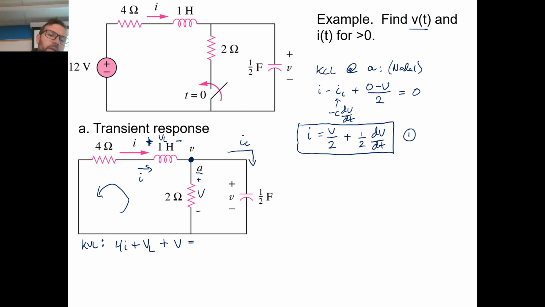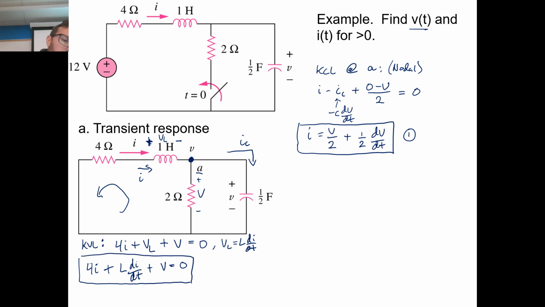So plus V, and that's all equal to 0. We know that VL is equal to L di dt. So if we plug that in, we get 4I plus L di dt plus V is equal to 0, and that's our second equation.